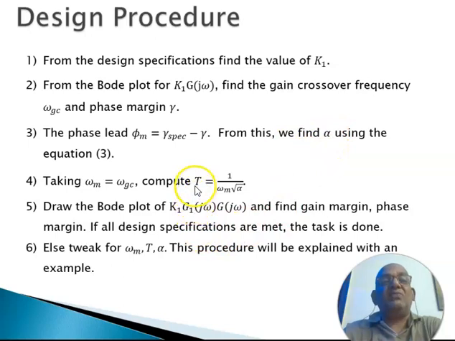Once you have alpha, you can use T equal to 1 over omega m square root alpha. Then you draw the Bode plot of the designed system with the compensator. If all the design specifications are met, obviously our task is done. Otherwise, we'll try to tweak the values of omega m, T, and alpha. This procedure is explained with an example.